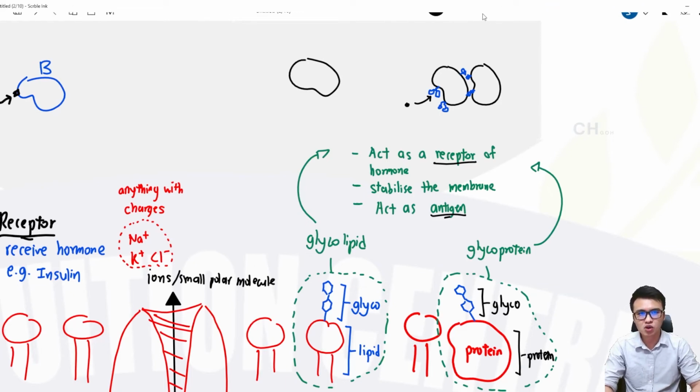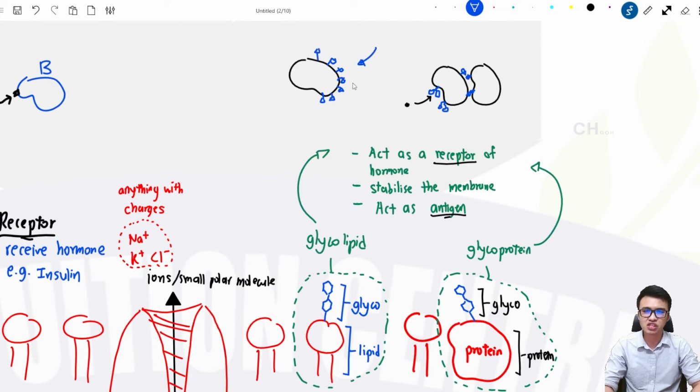So we have glycoprotein and glycolipids over here. They have different shapes of the glycoprotein or the glycolipids. That is how cells recognize each other, by looking at their antigens. All these things are the antigens. We look at the antigens, then we know whether they are the good guys or the bad guys.